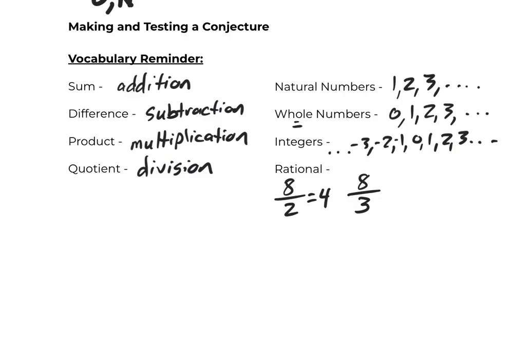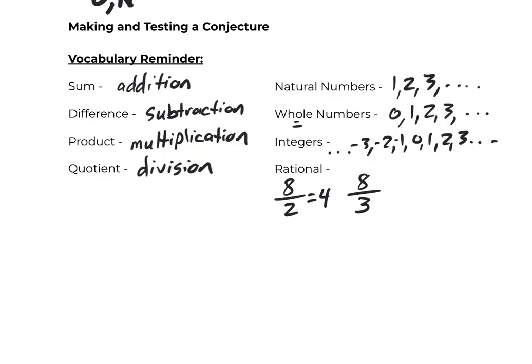Rational or not rational? Any ideas? Any thoughts? You guys remember? Have you ever heard the word rational before? I forgot. You forgot, but you've heard it maybe? Yeah? Okay. 8/3 is a rational number. Okay. What about 1/2? Yep.